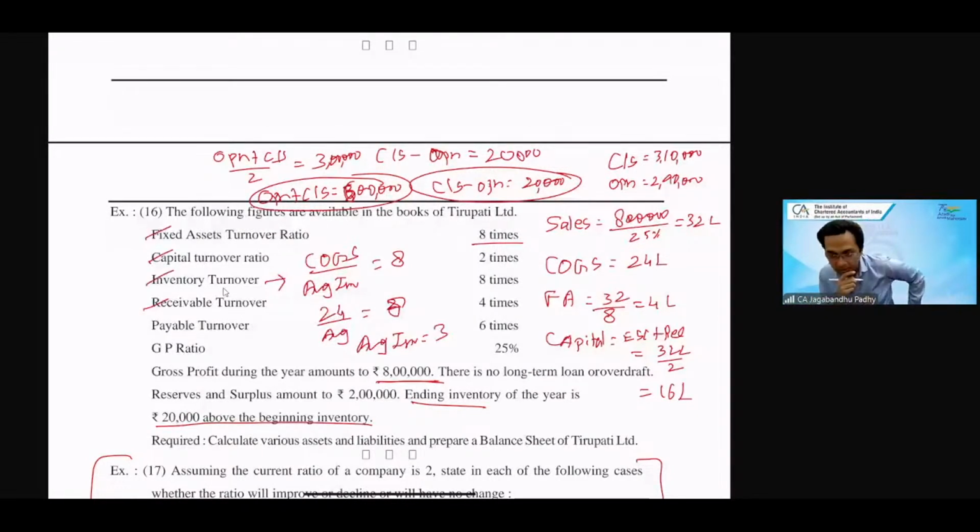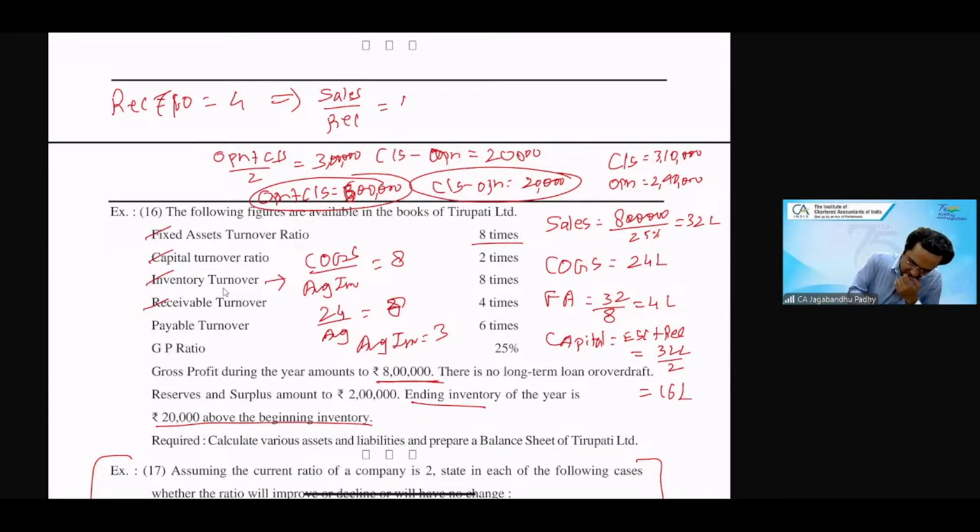Using receivables turnover, you get the value of debtors. Receivable turnover is 4 times, and we assume the entire sales is on credit basis. Receivable turnover is computed as sales upon receivables, which is 4.